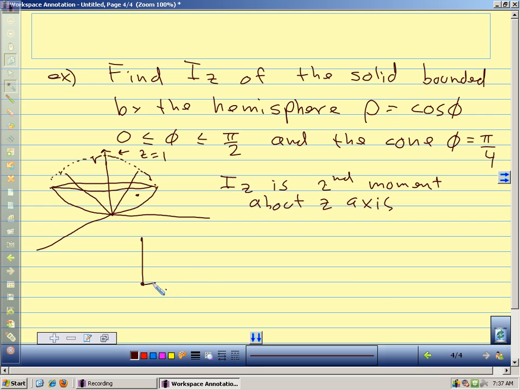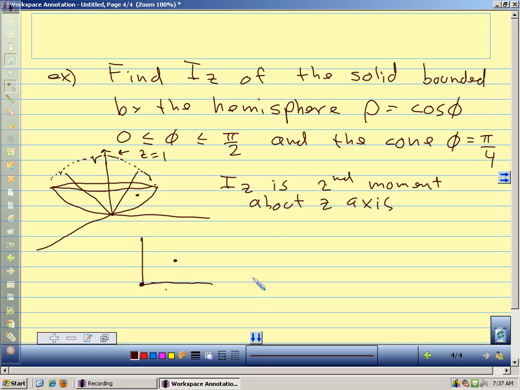If we're in the xy plane, the z-axis is here at the origin. What's the distance of a point from the origin? Square root of x squared plus y squared, right? Pythagorean theorem.